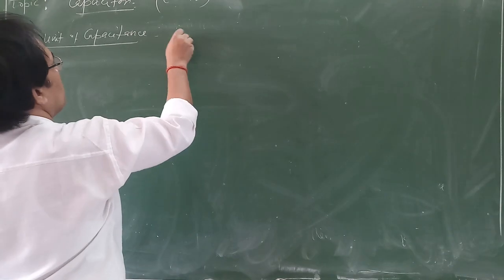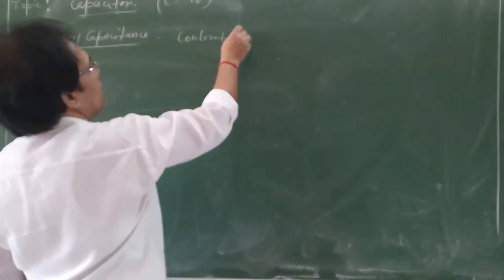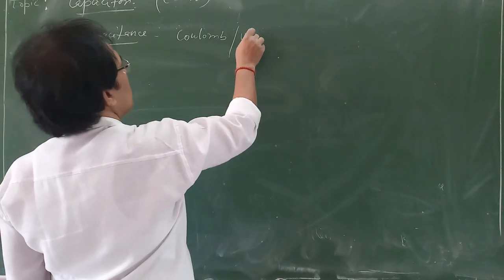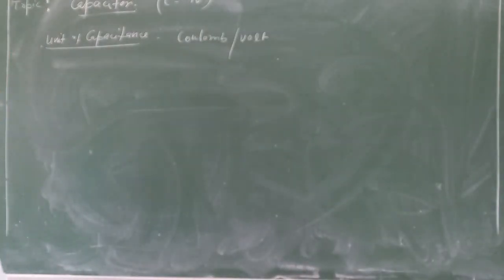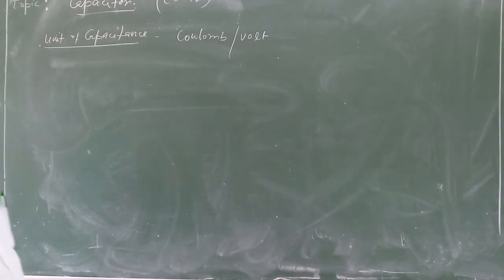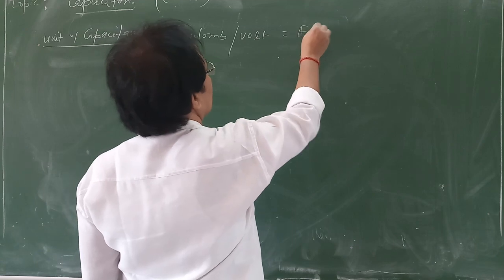The charge unit is coulomb and the potential unit is volt. So coulomb per volt is the unit of capacitance, and this coulomb per volt is called farad.